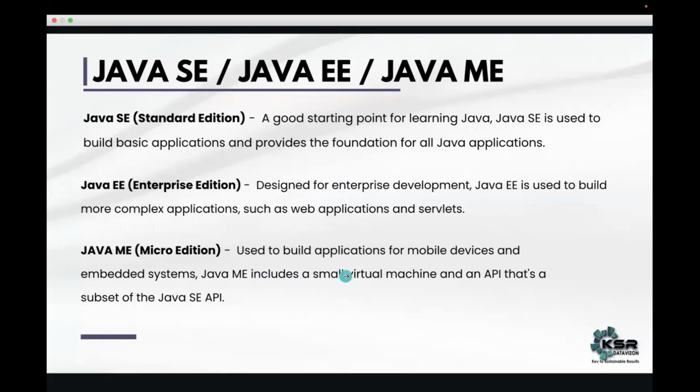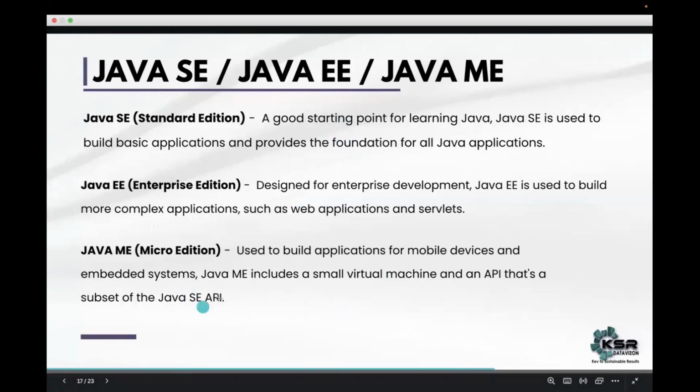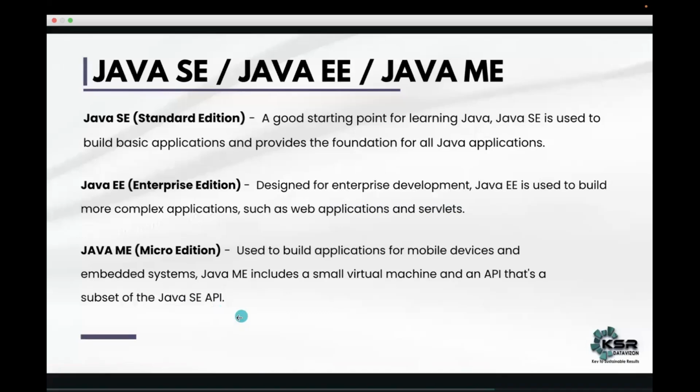This is for mobile applications. So it contains its own small virtual machine that can be run on mobile. And there is an API that is a subset of this only. It doesn't contain everything of Standard Edition, but it contains some subset of SE. Okay, this Micro Edition, it's for mobile.